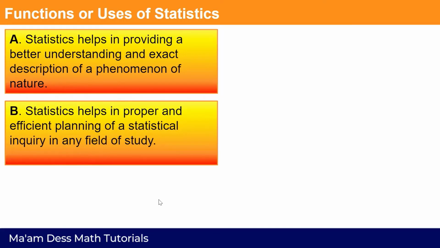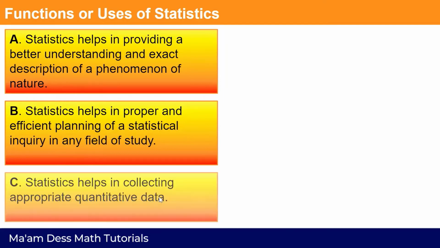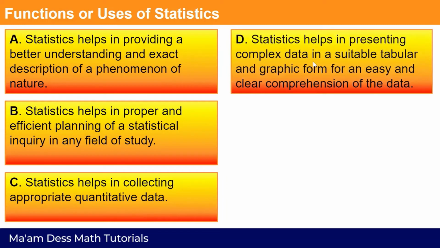So statistics is really useful. Next, statistics helps in collecting appropriate quantitative data. And statistics helps in presenting complex data in suitable tabular and graphic form for an easy and clear comprehension of data.